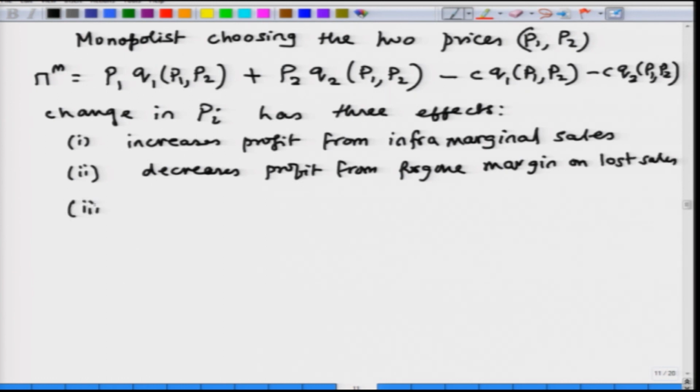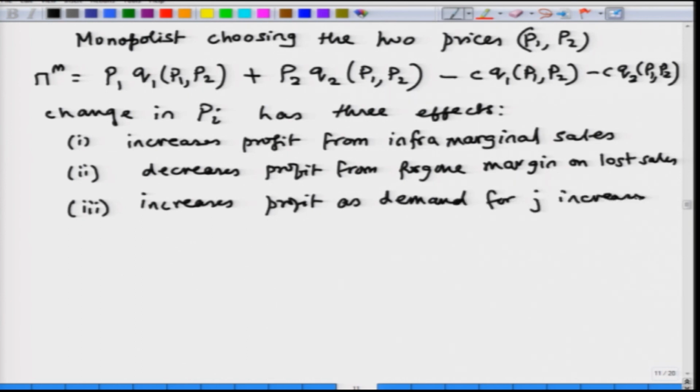And the third part is that an increase in Pi will boost the demand for good J and thereby increase profit, as demand for J increases, right. So, if I take the first order condition generally with respect to say Pi, where i could be 1 or 2, let us say i is 1.